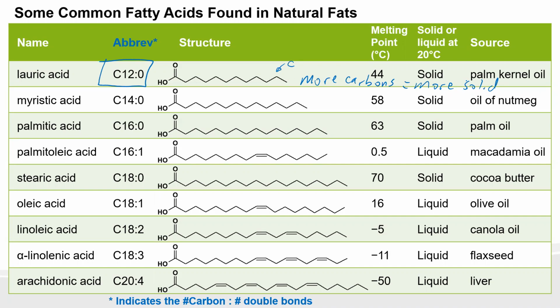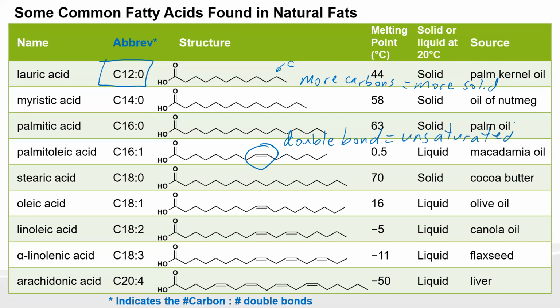The bigger trend is this here. So you're probably wondering what that is. That is something called a double bond. Something that has a double bond, we call unsaturated.